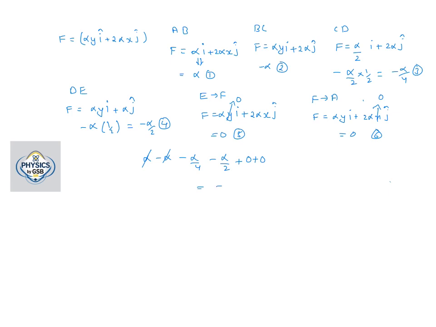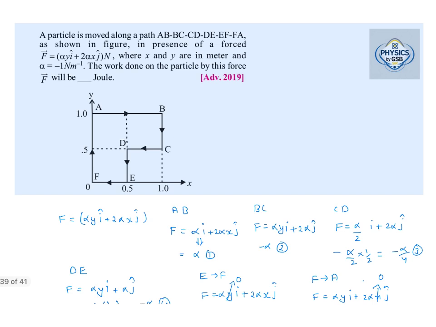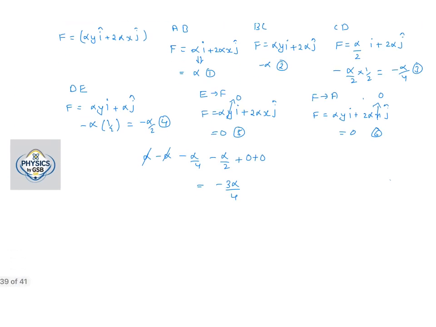And it comes out to be minus 3 alpha by 4. Right. Now what is value of alpha? Value of alpha is minus 1. So if you put it here, minus 3 by 4 into minus 1, it comes out to be 3 by 4, that is 0.75 joules. So this is correct answer.